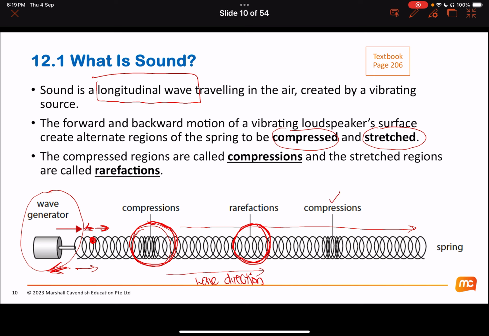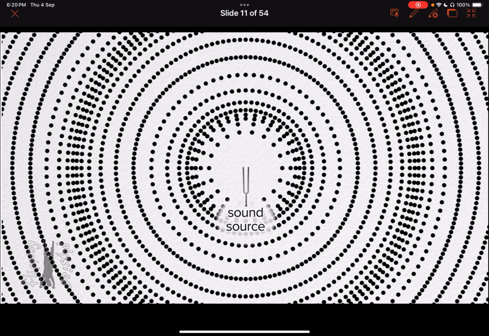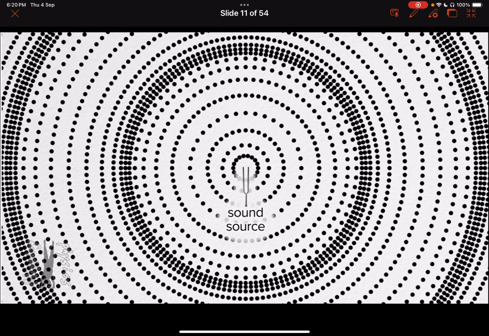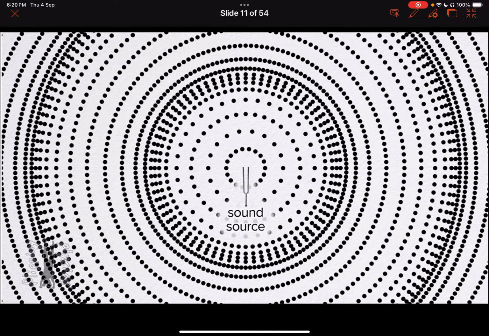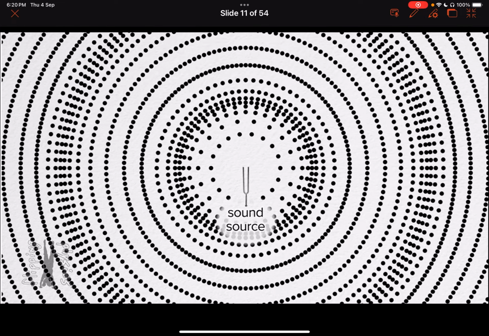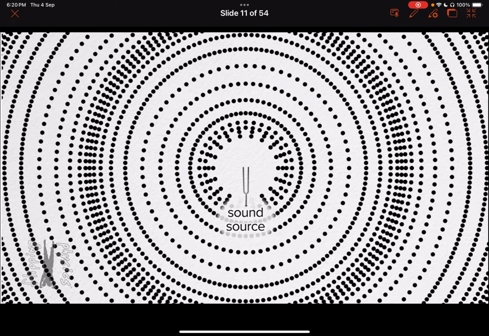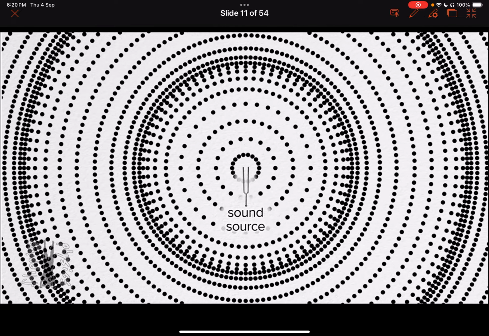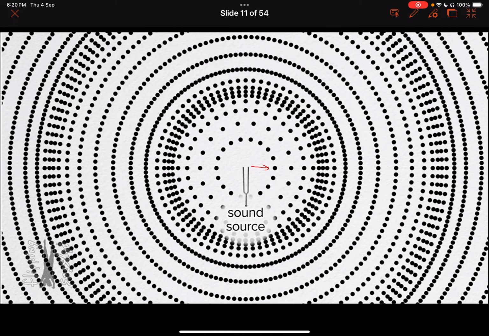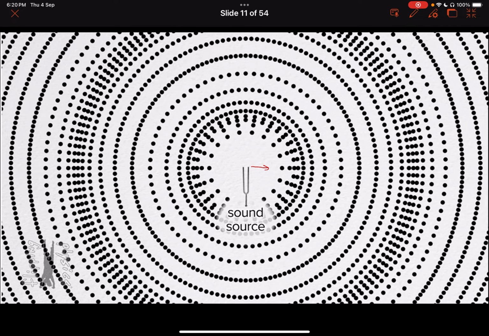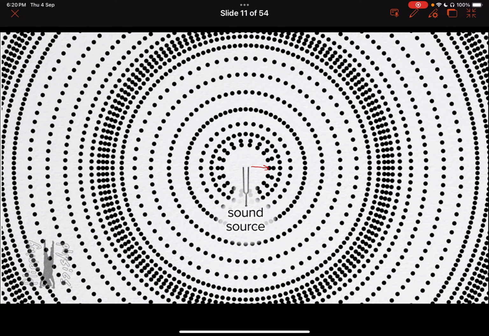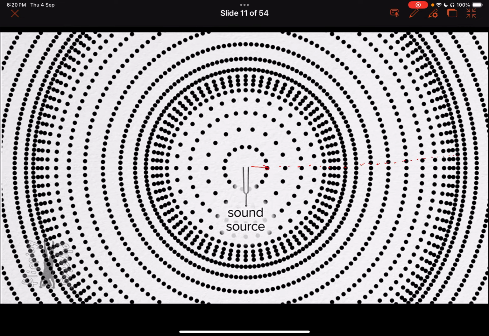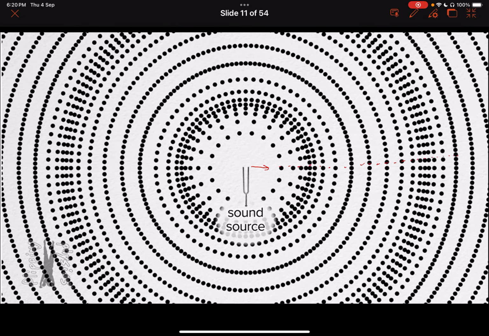Just to give you a visual of how the sound travels, imagine this is the tuning fork. When I hit it, it will vibrate. This vibration mimics the forward and backward movement of the wave generator in the previous slide. When it pushes, the air molecules will be pushed forward, and in turn, they will push the other air molecules as well, and you will see something moving across.